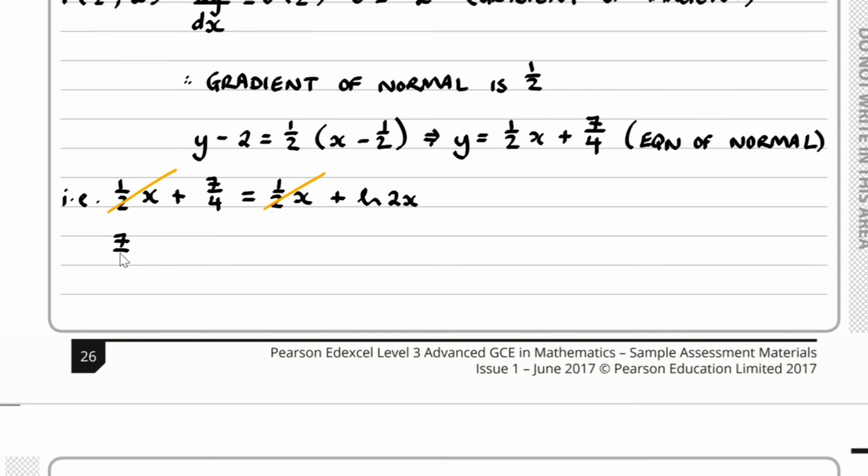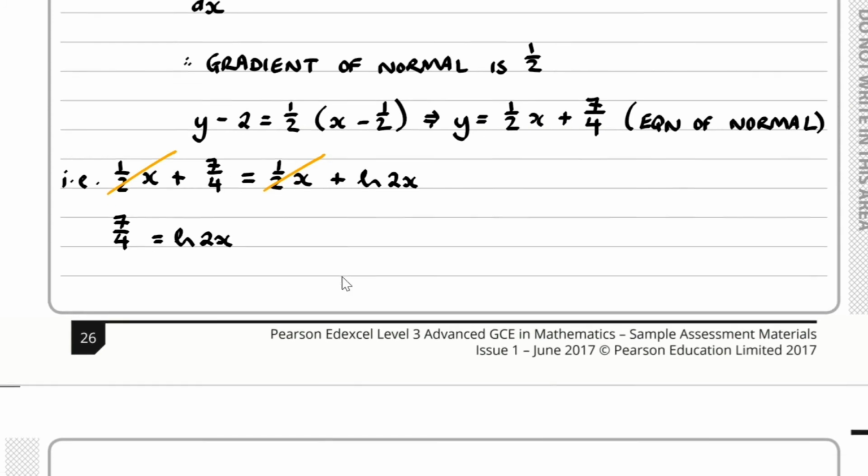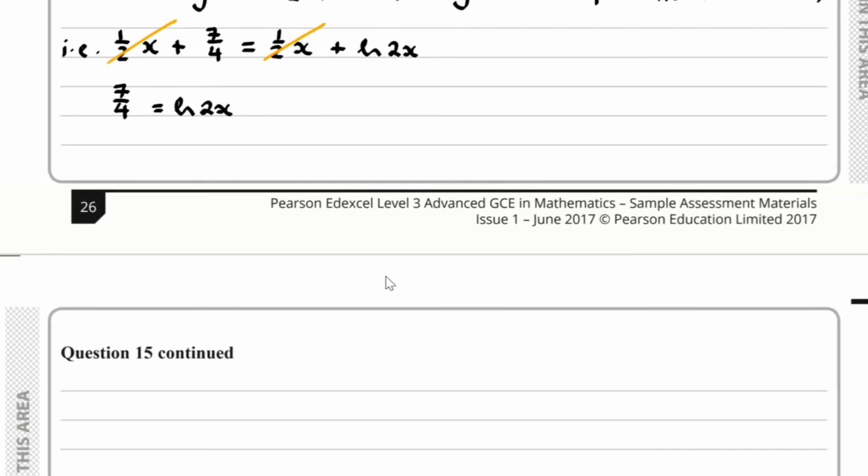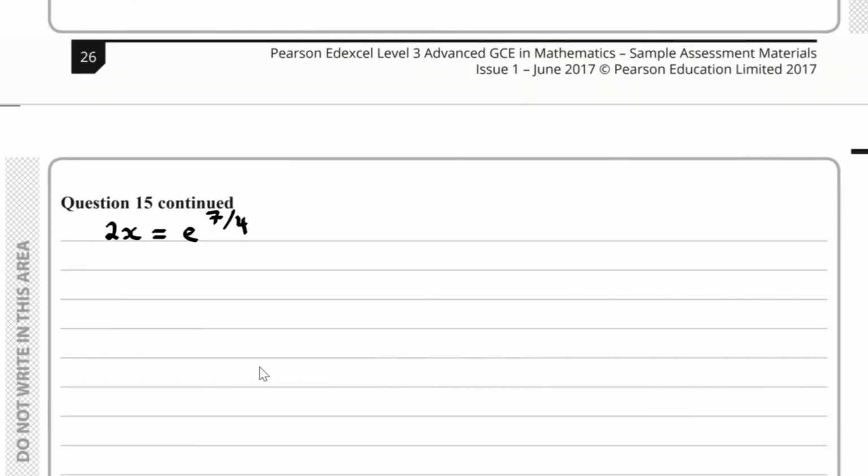So I have 7 over 4 equals the natural log of 2x. If I anti-log both sides, I have 2x equals e to the power of 7 over 4, from which we can conclude the exact x coordinate of Q will equal 1 half e to the 7 over 4.